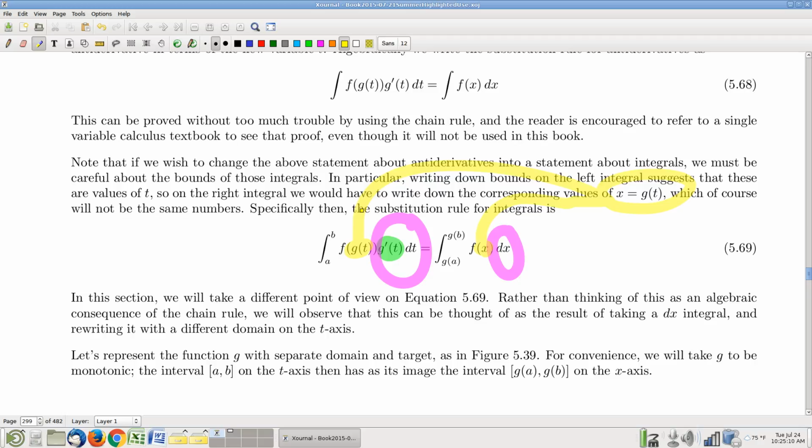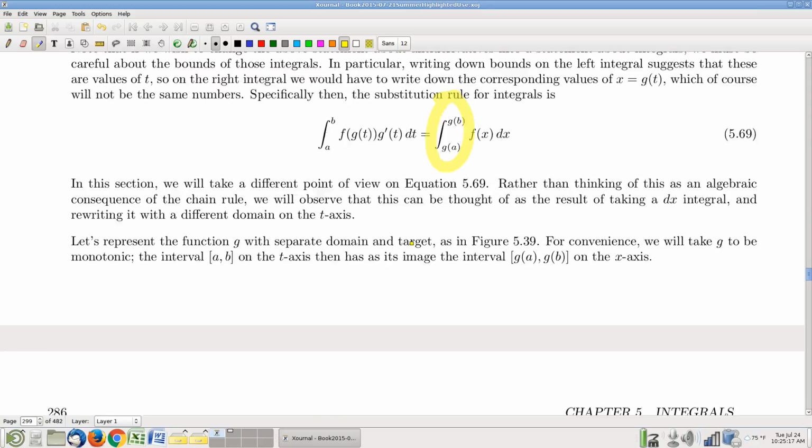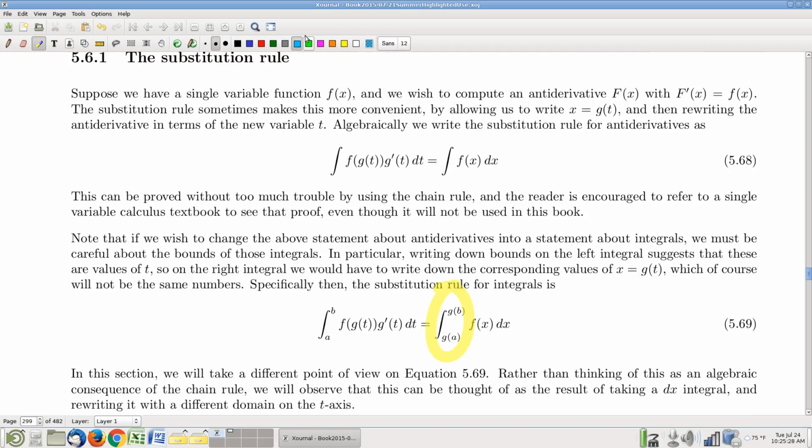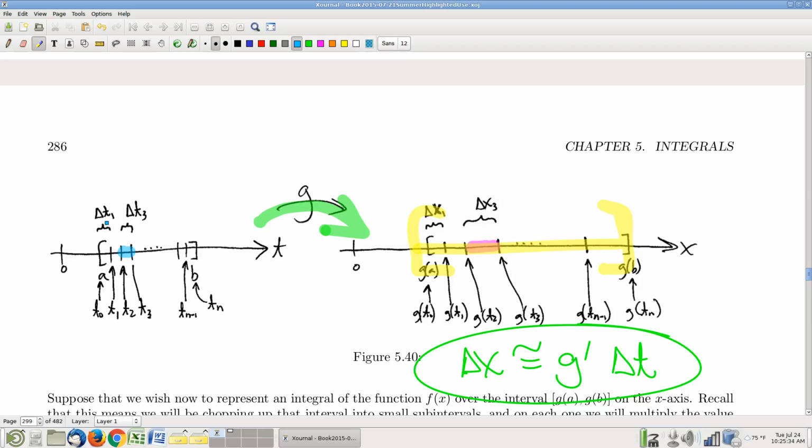Okay, so anyway, that's why the bounds changed. What had been bounds g of a and g of b, they are those bounds because we started off literally doing an integral on the x-axis where those endpoints are g of a and g of b, right? And in this direction, they turn into bounds a and b because that's the bounds on the interval that interval came from. Right?